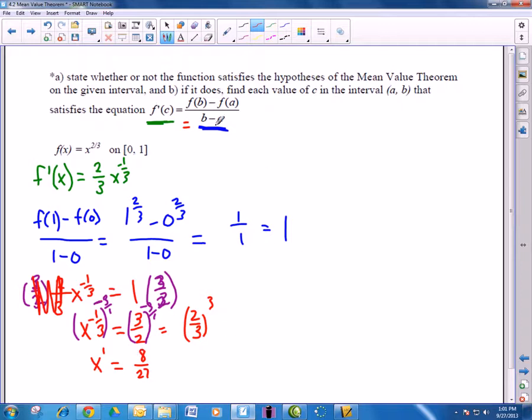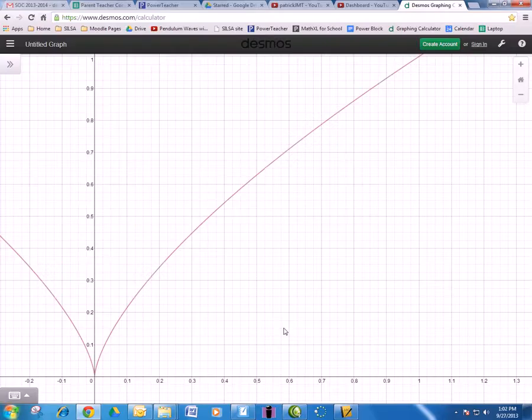And so what that means is that our C value, the value between A and B, is going to be 8/27. So here's the graph of our function. If we could draw a line, so imagine I can't on this, but draw a line from the point where my cursor is to there.